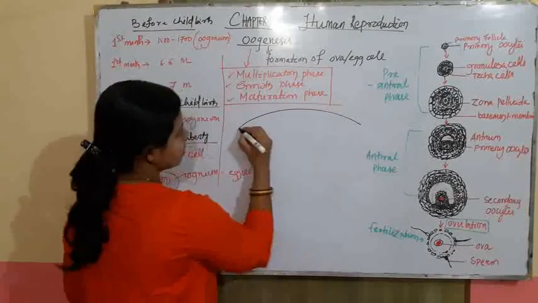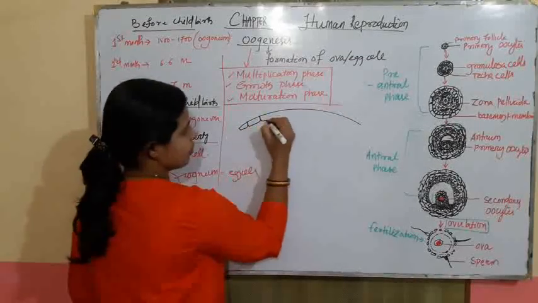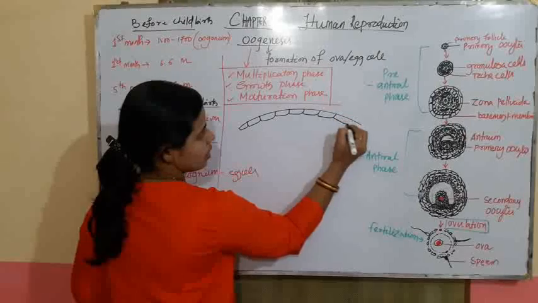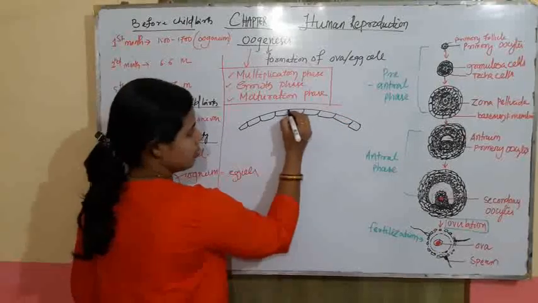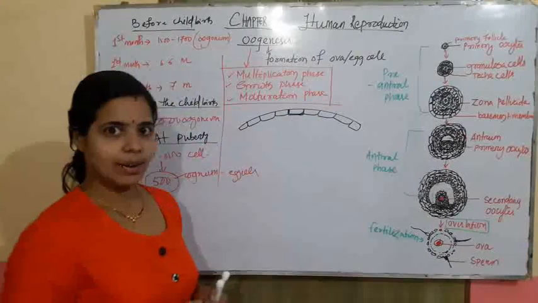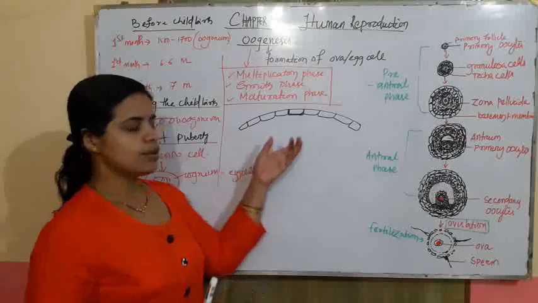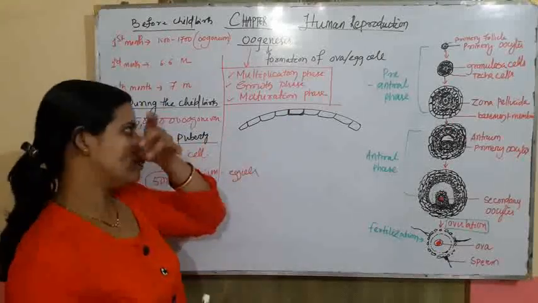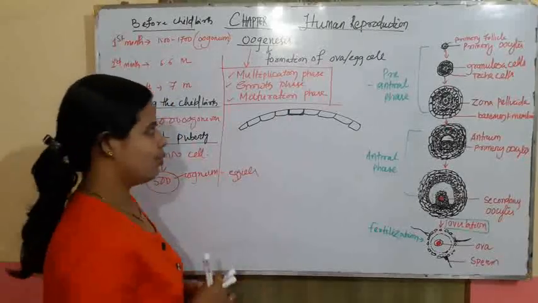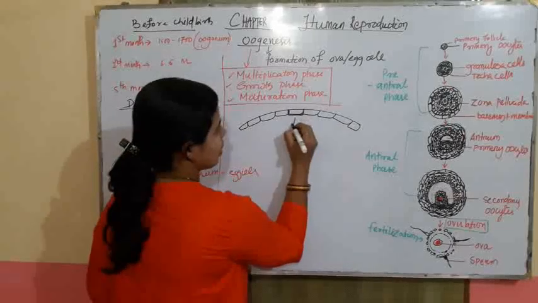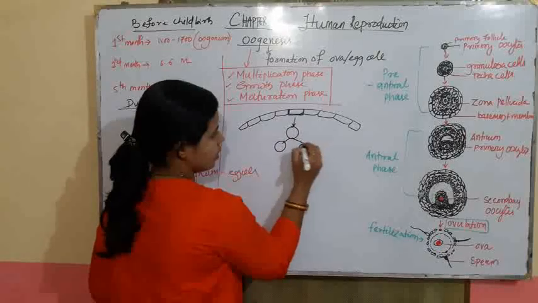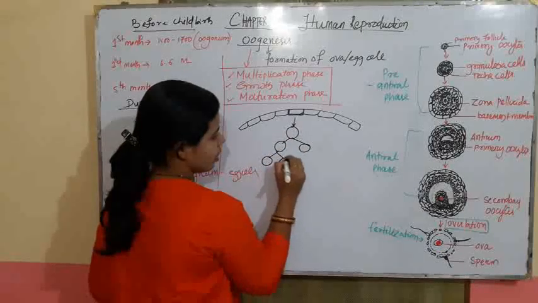Here there are germinal epithelial cells. Not all of them produce oocytes; very few take part in the formation of oocytes or egg cells. So let us take germ cells, which divide mitotically to form oogoniums.